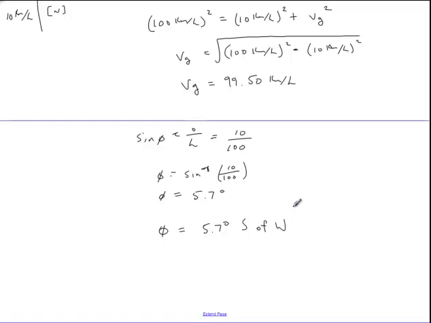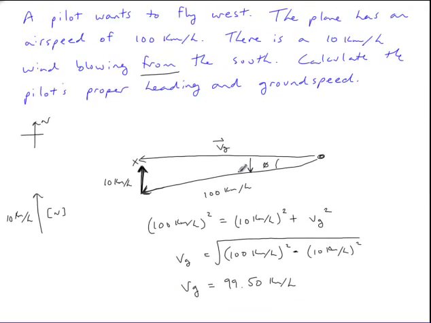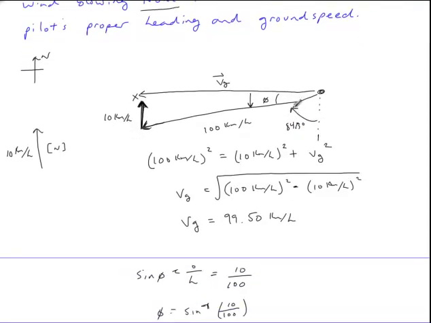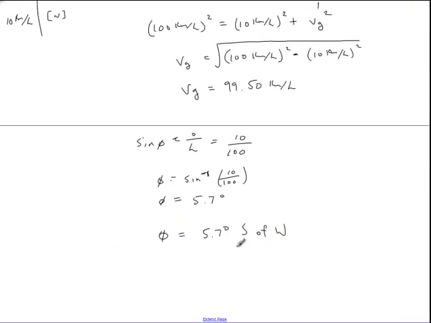And remember that you could also say that we're going this way, from this direction. If this is 5.7 degrees, then this one would actually be 84.3 degrees if you wanted, and that would be west of south. So this could also be 84 degrees west of south.